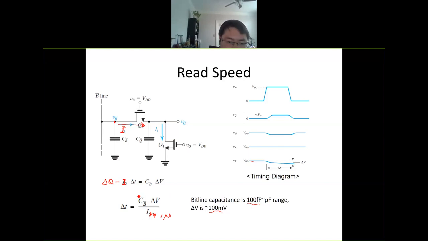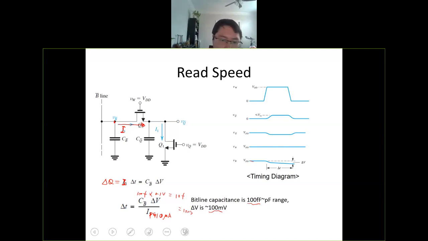Let's say this is 100 femto times 0.1 volts. So this gives you 10 femto divided by 1 micro will give you 10 nanosecond. But actually the current typically is like, let's say 10 microamps. If you do that, then it will give you 1 nanosecond.